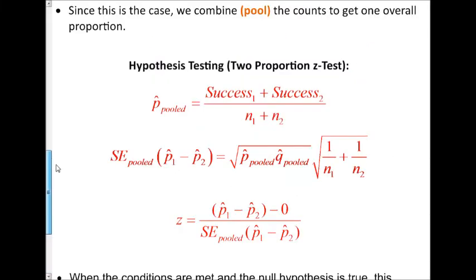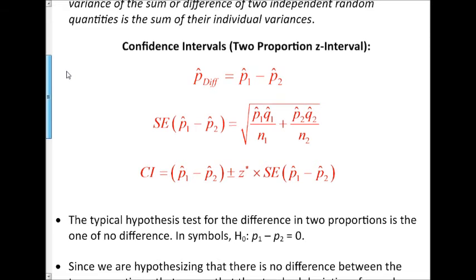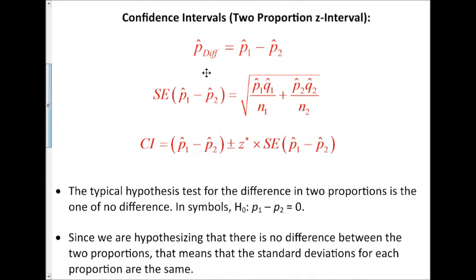So let me go back a little bit. We have a couple of different things here. For a confidence interval with two proportions, the p-hat that you use is the difference between your separate proportions: success in the first group divided by the number of elements, minus the success in the second group divided by its number of elements.